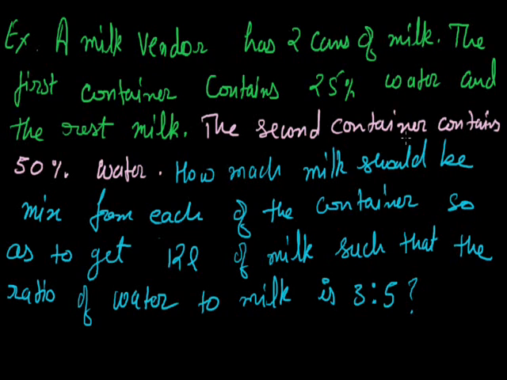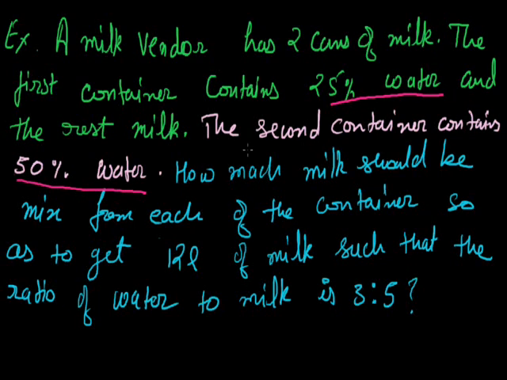It is given that the milk vendor has 2 types of cans. One contains the mixture that has 25% water and the rest is milk. Rest means 75% will be milk. Now the second container contains 50% water. That means we can say that 50% will be milk in that.